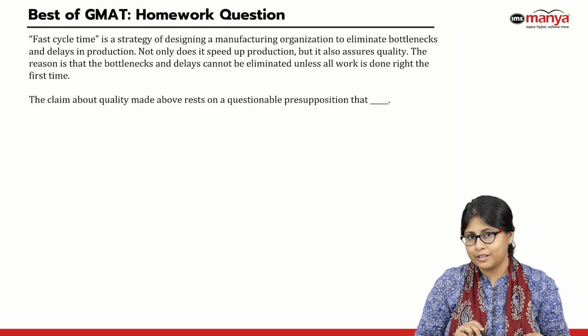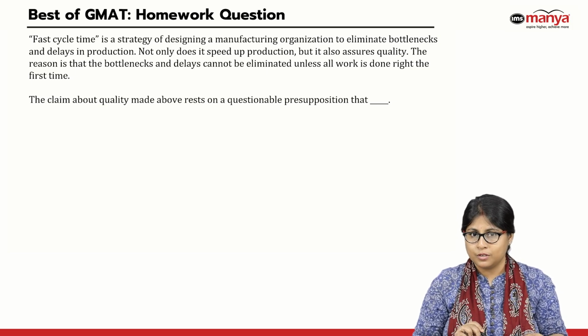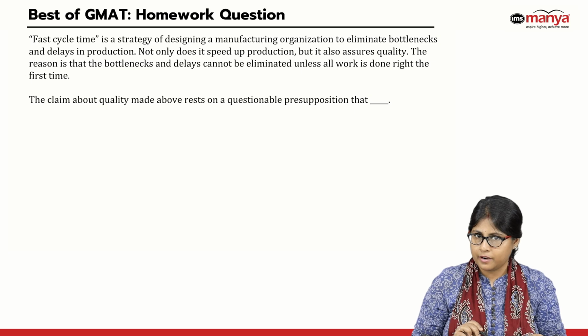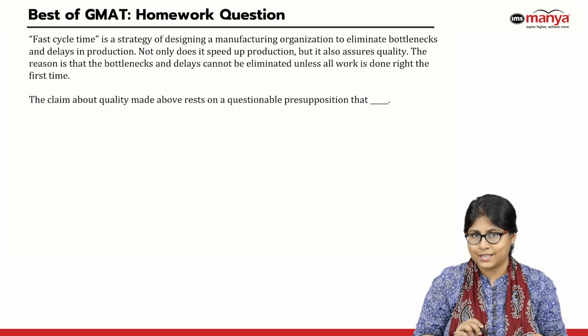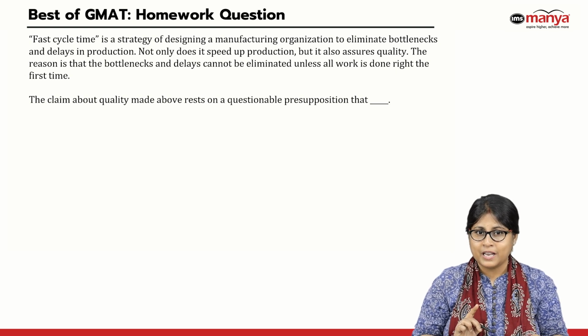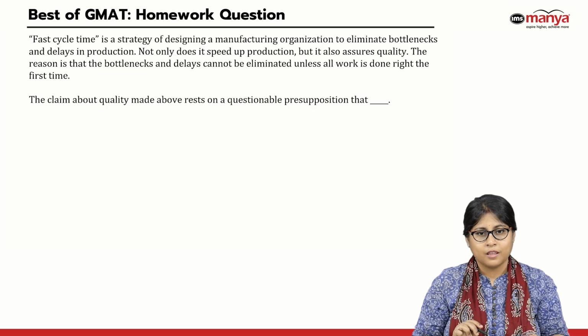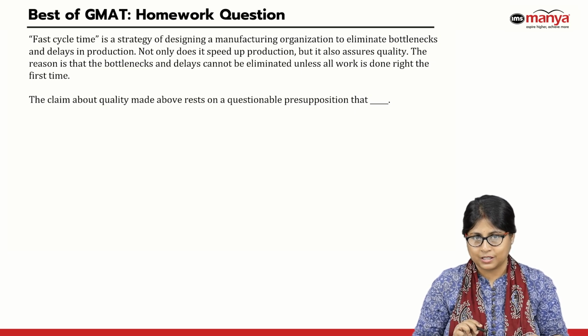The moment we are able to connect the given premises with the conclusion, we will be able to identify where our assumption lies, or what exactly the assumption is on which the argument depends. So remember, assumptions must be true statements. If the conclusion has to be true, they must be true. Number 2, they have to be necessary. Assumptions are always necessary for the conclusion.